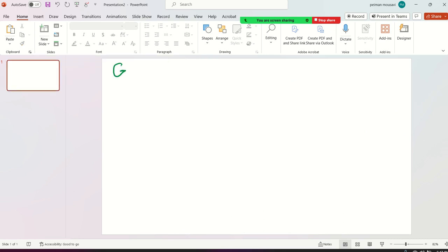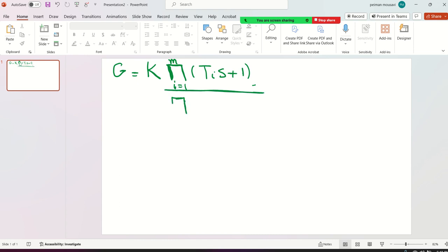So I can write here G as K multiplying big pi, i from 1 to M, T_i s plus 1, divided by pi meaning multiplying, j from 1 to N, T prime j s plus 1.